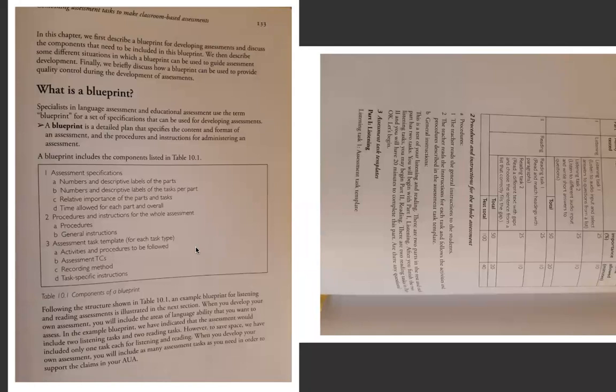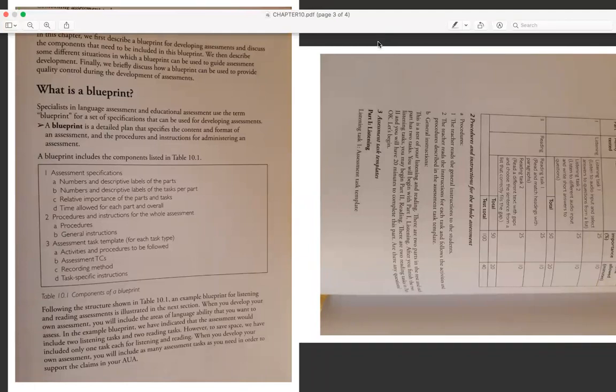Divided in 3 sections: assessment specifications, procedures and instructions for the whole assessment, and assessment task template for each task type. But if you put all together, it's 10 items that are part of a blueprint.